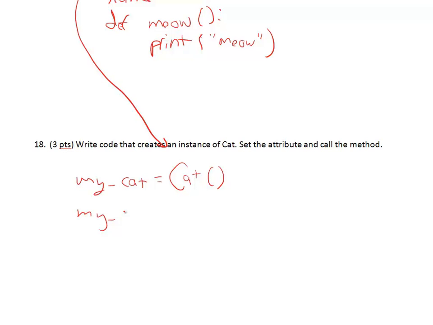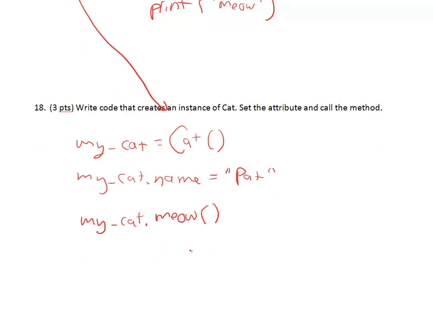So my cat dot name is equal to Pat the cat, and my cat dot meow. It's a function, so I need parentheses. There we go. And we're done.